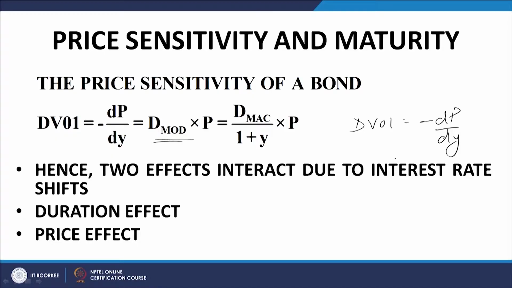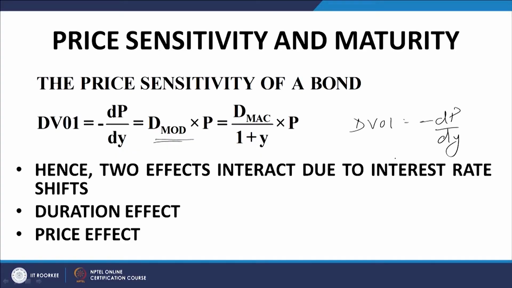Okay. Now, a brief touch on the price sensitivity and maturity. The price sensitivity of a bond, if you measure it by dV01, is given by dP upon dy, and if you recall the definition of the modified duration, then it is given by modified duration into price.